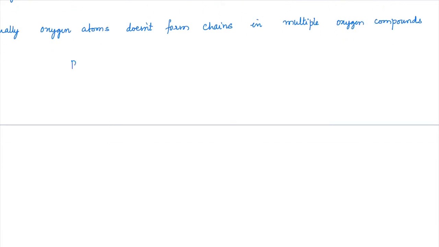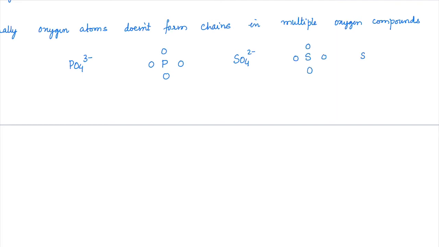Okay, what I meant to say, suppose I have PO4 3 minus, then you must understand that these oxygens may not be touching each other, they are separated. Like if I have SO4 2 minus, that means sulfur is here, 4 oxygens are here. If it is SO3, like I showed you earlier, S, O, O and O. Oxygen-oxygen bond is normally not seen.